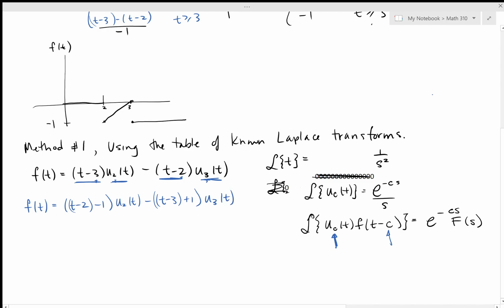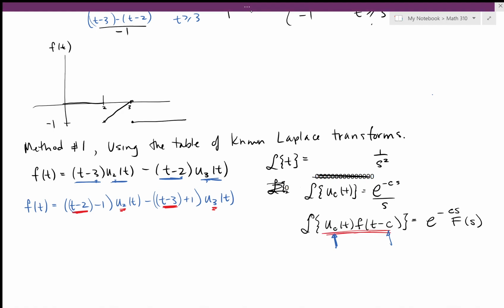Okay, why did I choose that? I chose that because here now I have the situation where I have t minus c and c, and here I have t minus c and c. In this case, the c is 3, and in this case over here, the c is 2. So that aligns with what I can read from the table. That is the reason for doing that.